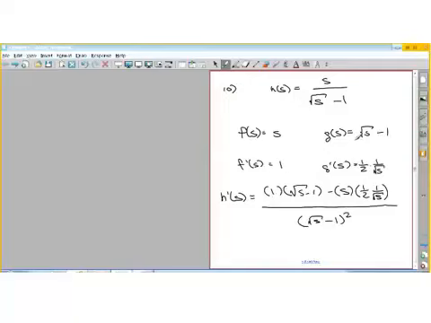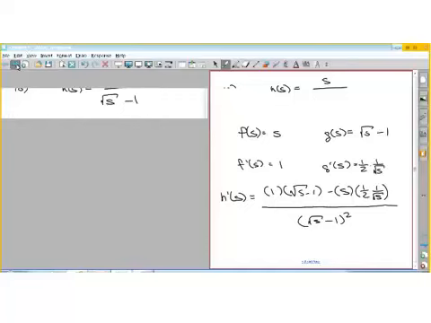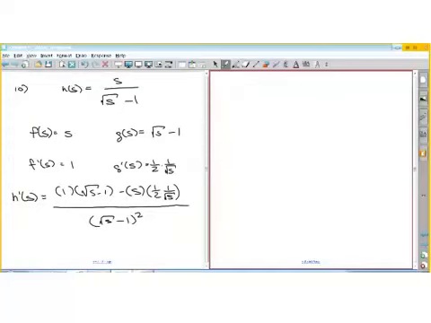Again, we can simplify the numerator somewhat.